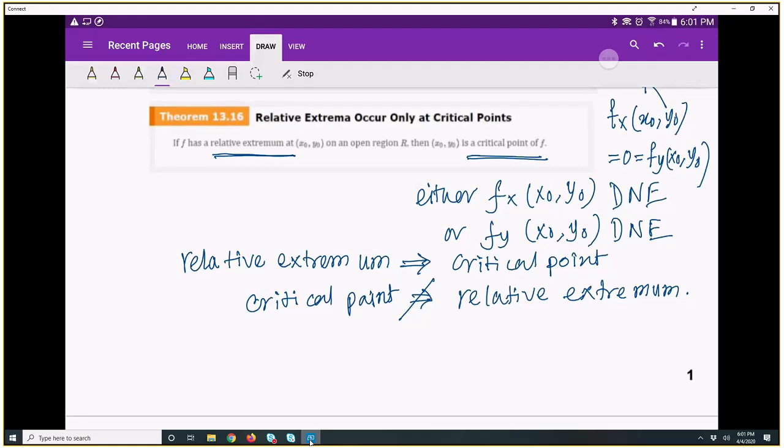So you find the critical points, then we will learn some other techniques in order to understand which of those critical points are relative extremum. But as I said, there are critical points which are not relative extremum. In several variable functions, we will name some of these points as saddle points. And I'm going to talk about saddle points in the next portion of this video.